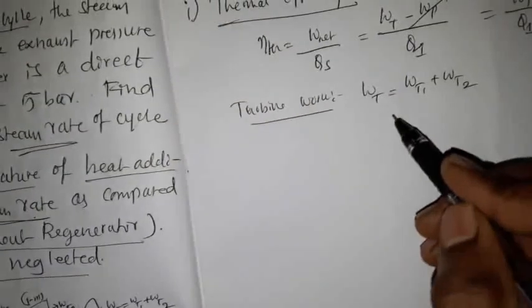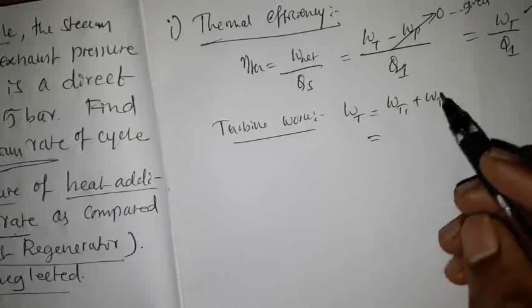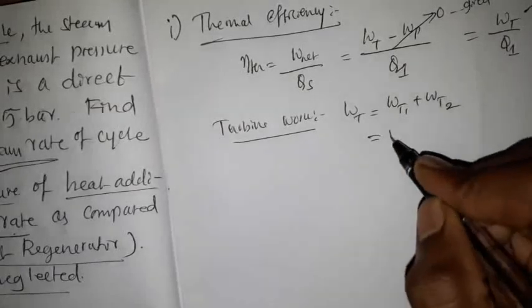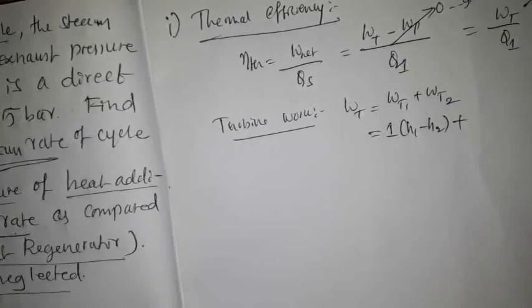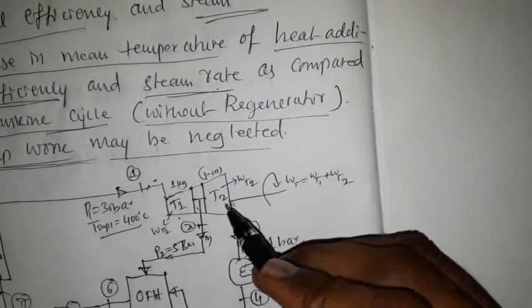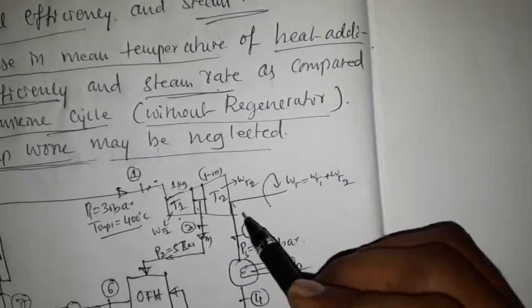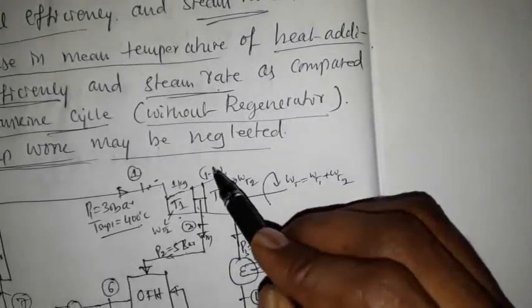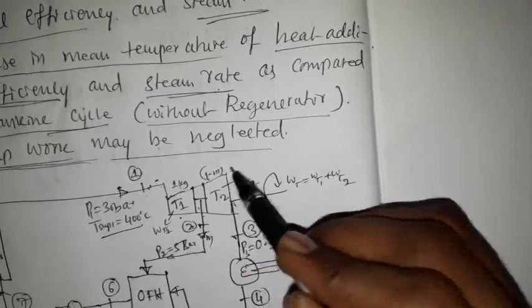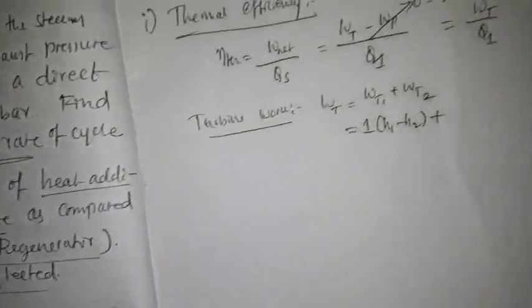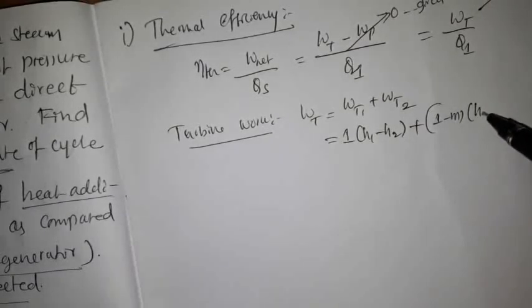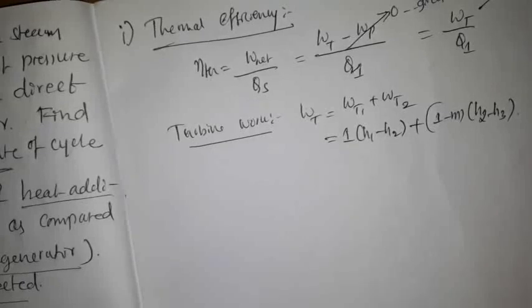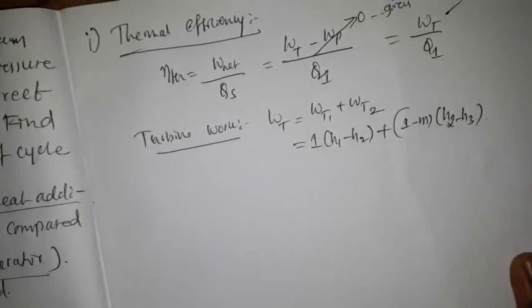So we know the turbine work is change in enthalpy, that is 1 into H1 minus H2 plus WT2, where the inlet enthalpy is H2 and exit enthalpy is H3. The mass of the steam flowing inside stage 2 is 1 minus m. So that is (1 minus m)(H2 minus H3) is the formula for turbine work.